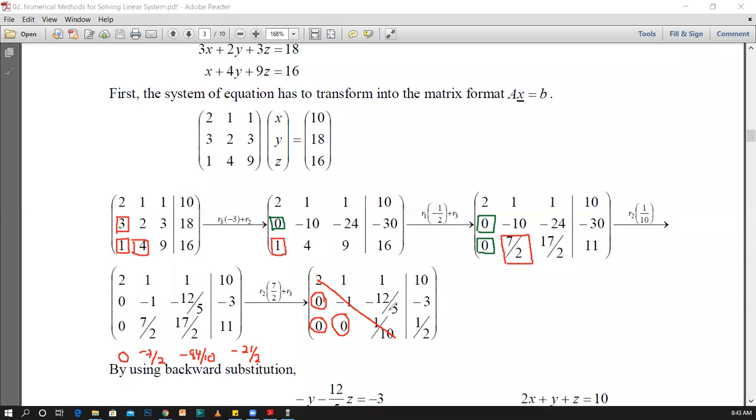It means that now you have easily converted this square matrix into an equivalent upper triangular matrix. Since you have converted this into an upper triangular matrix, now you can use backward substitution to obtain these values. Therefore, I will start from the last row.